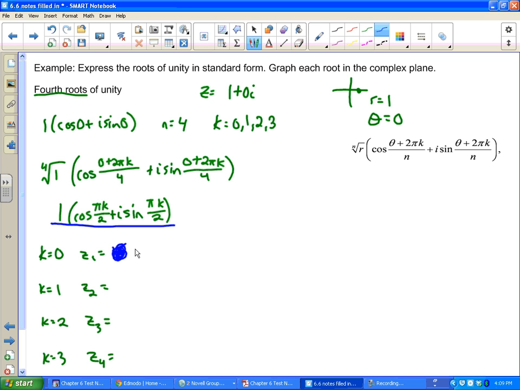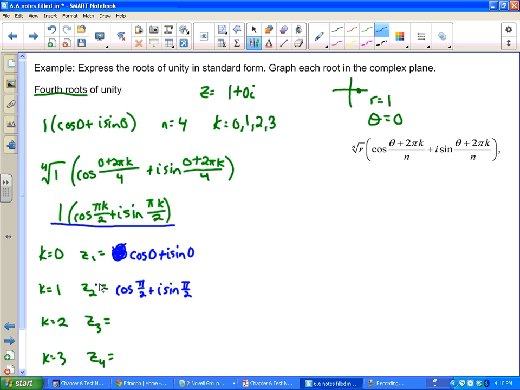So ignoring the 1, because it doesn't matter, cosine of, if I plug in 0, that gives me 0 over 2, which is 0. So this is my first one. We'll simplify using the unit circle in a second. If I plug in 1 for k, that'll be pi times 1, which is pi, so pi over 2, so cosine of pi over 2.